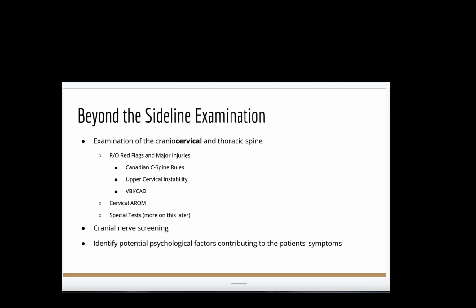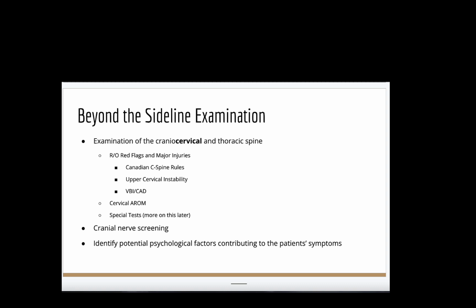Okay. So again, when you're getting into examination of the cervical spine, as I said before, make sure you're ruling out any major cervical red flags. So think about things like your Canadian C-spine rules. Make sure you're doing your checks for upper cervical instability, like the modified Sharp-Purser test is going to be indicated.